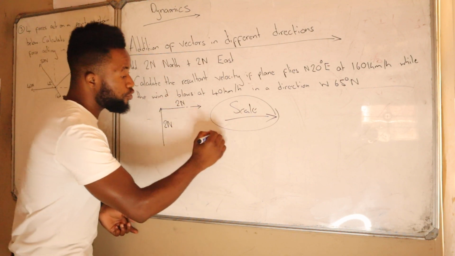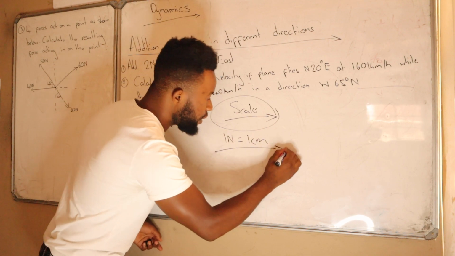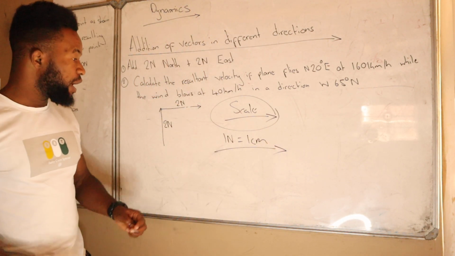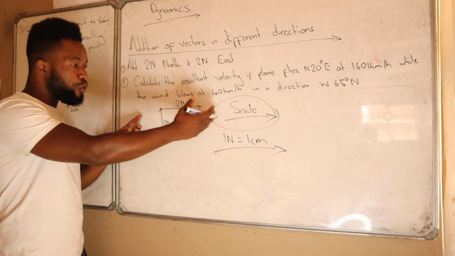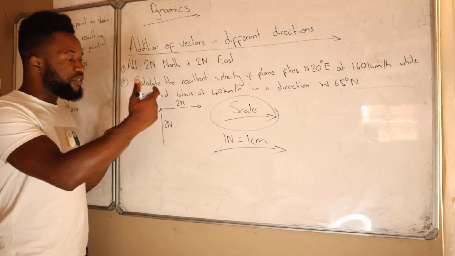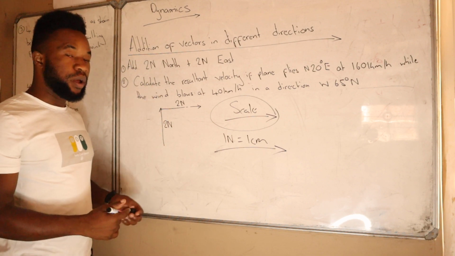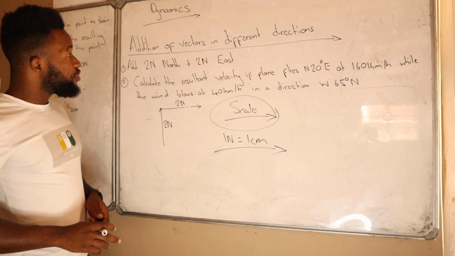For example, here I can use 1 Newton equals 1 centimeter. Forgive me, I don't have the right equipment to demonstrate this, but I'll give you tips on how you can do that. If you have a ruler, you can work with your ruler and obtain your answers.